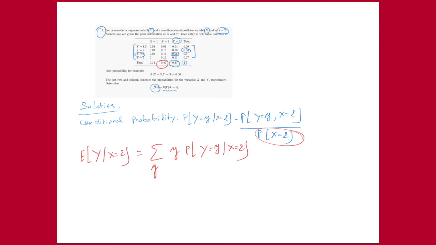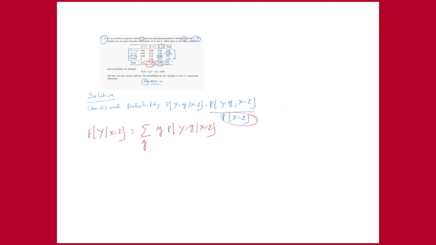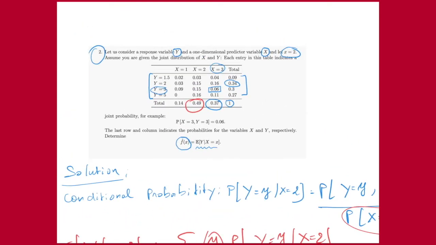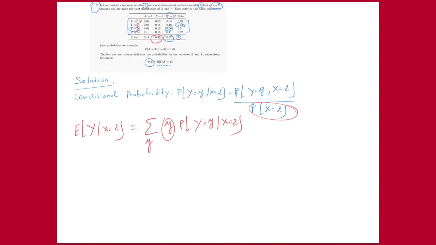So this is the expectation we calculate. What are the possible values for y? Well, y can be equal to 0, 1.5, 2, 3, and 5. So we get here a sum where y is in the set 1.5, 2, 3, or 5.